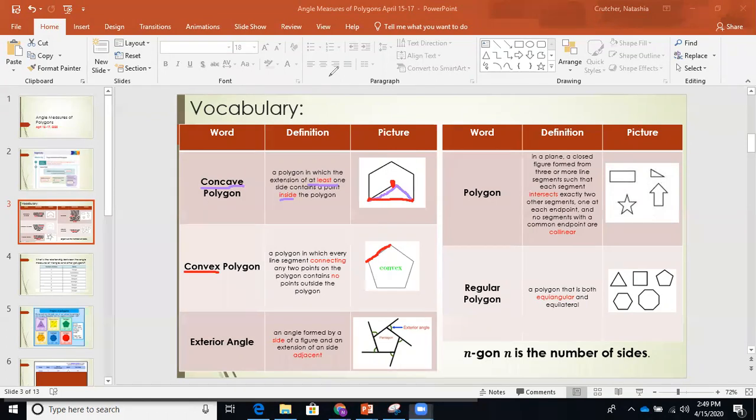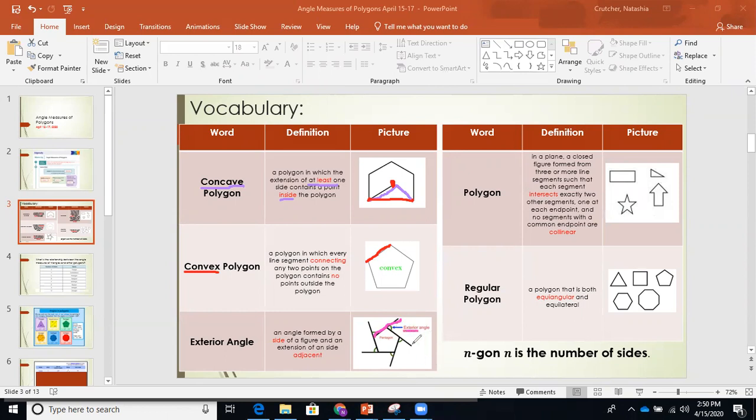All right, then next we have exterior angle. The exterior angles are created by extending the sides of our polygon. See how that side of the pentagon here is extended? That exterior angle that's created on the outside, that's what we're talking about there.